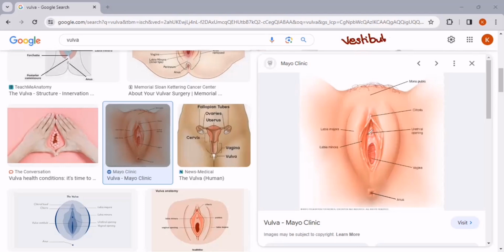So even before you enter the vagina, the space between the vagina at the back and the lips is called the vestibule. In the vestibule, on top we have the urethral opening, and down we have the vaginal opening. But we are talking about the genital tract, so we are focusing on the vaginal opening, isn't it?